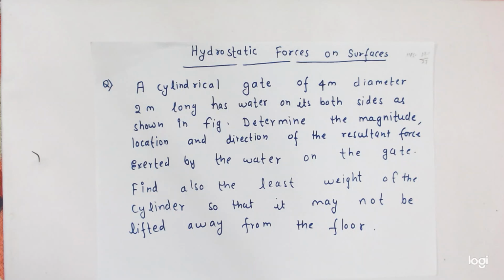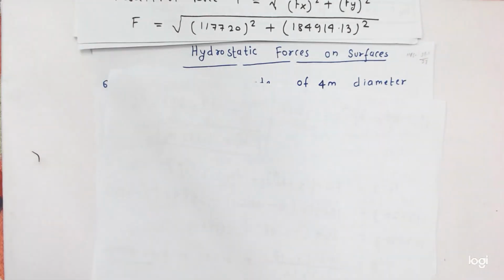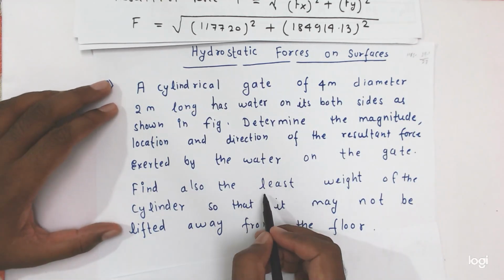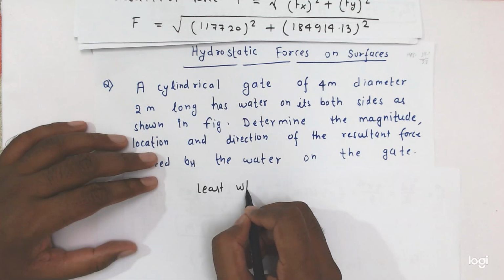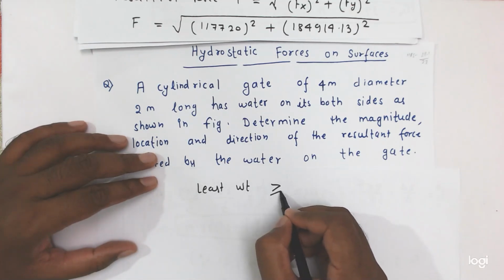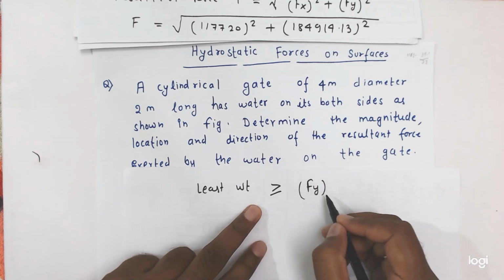So what is the least weight? Least weight should be greater than or equal to the net vertical component of force.